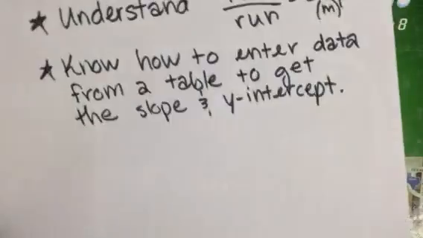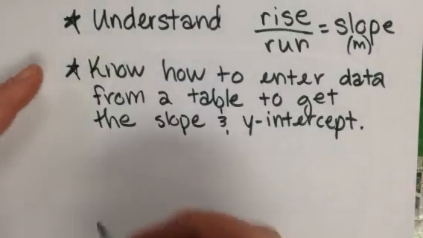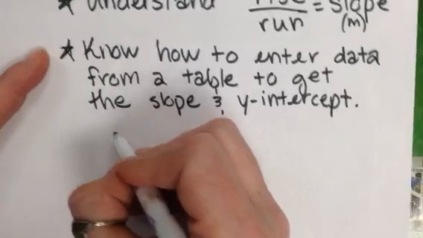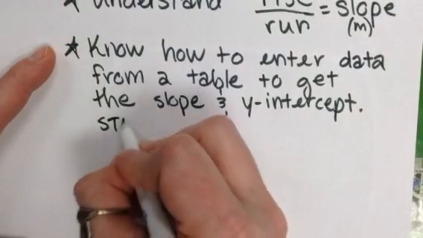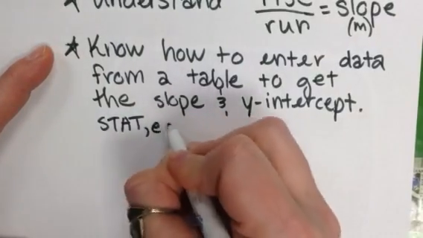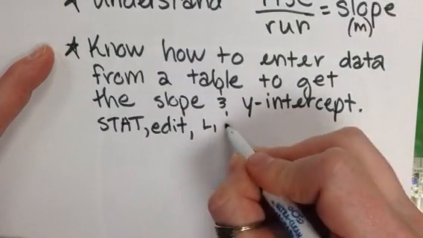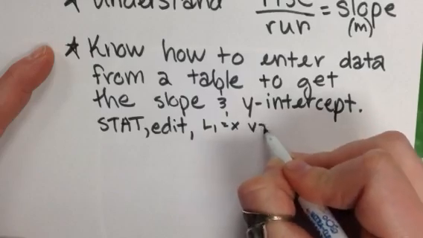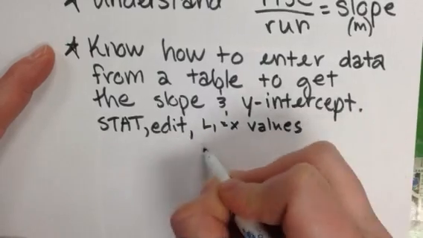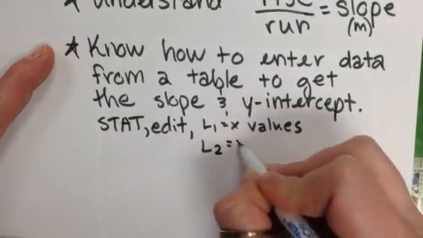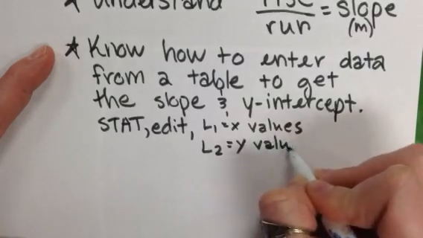We practice this a lot. So here's the buttons you would push: Stat, Edit. Now remember in list 1 we put the X values. In list 2 we put the Y values.